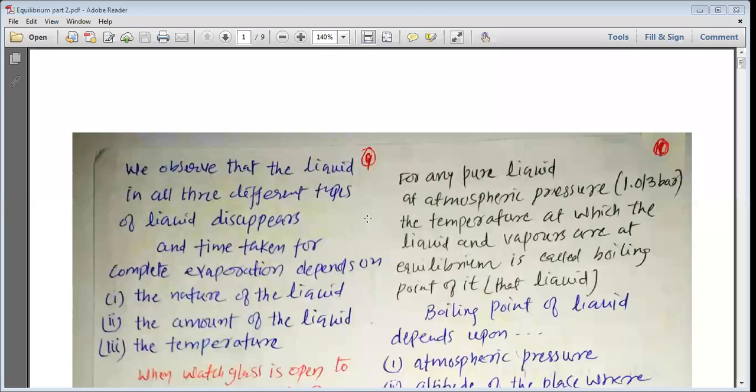So, in yesterday's class, we studied the experiments done by the scientist, and it was said that when we have a closed system, we can obtain the equilibrium, but if we have an open system, we cannot obtain the equilibrium at all.